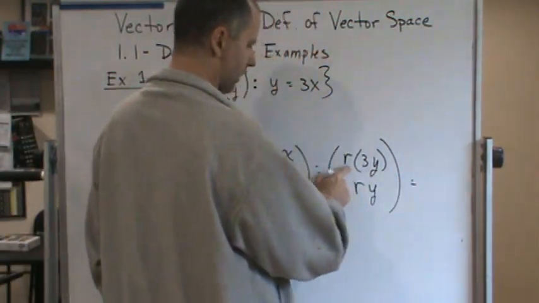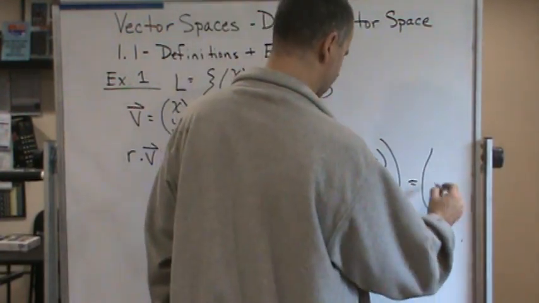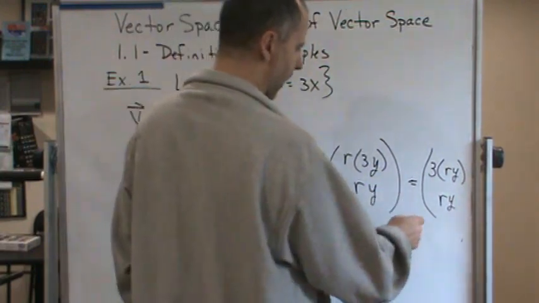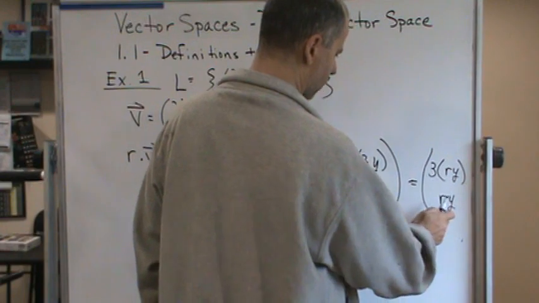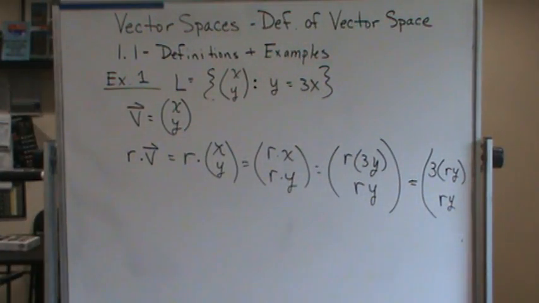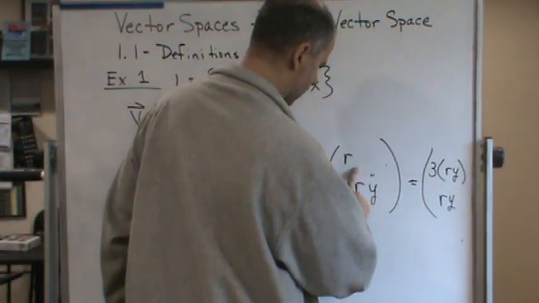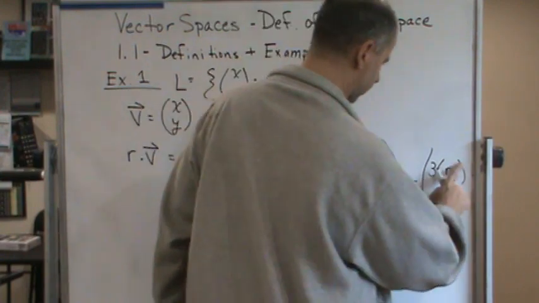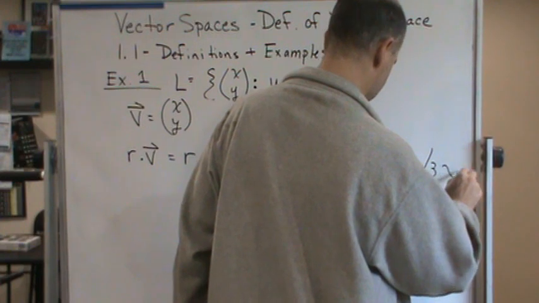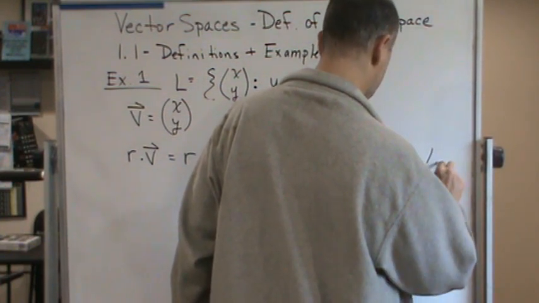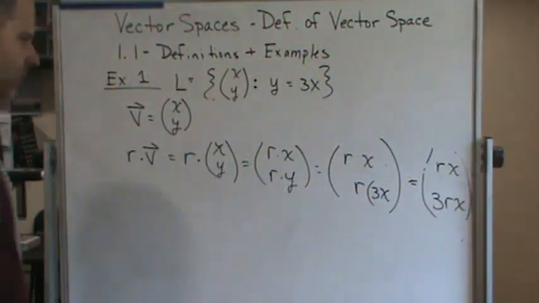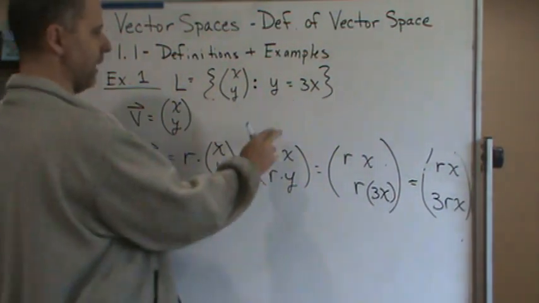So now all I have to do is use the commutative property for real numbers, and I can write this as 3 times r times x, and then we have ry, and we can see it still satisfies the condition.